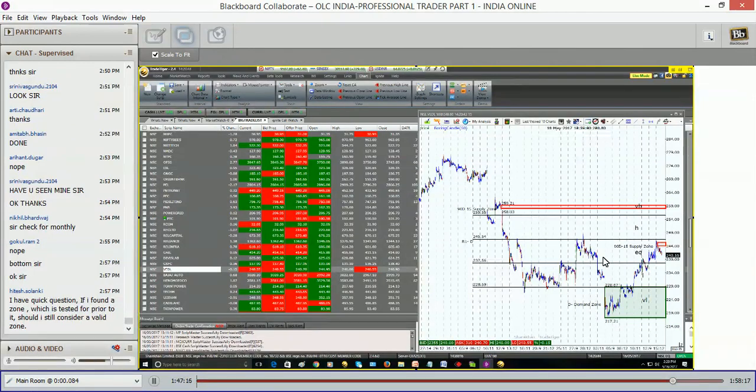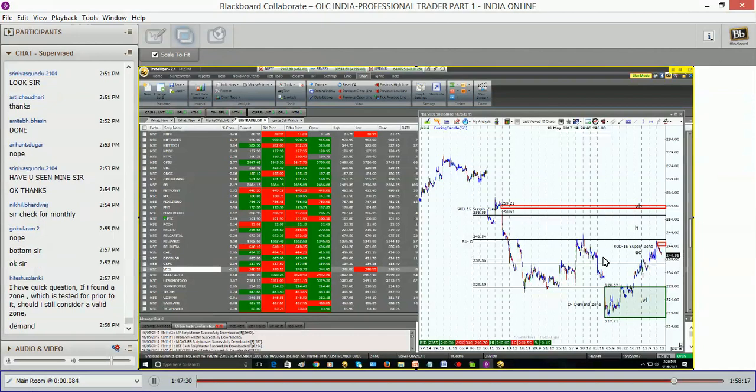I have a quick question. If I found a zone which is tested prior to it, which zone are you talking about, Hitesh? Yeah, okay. And tested prior to it meaning?